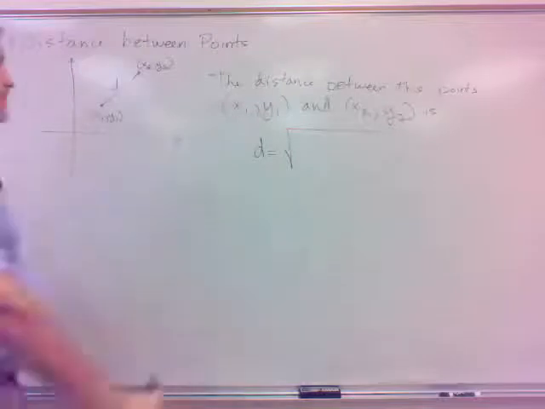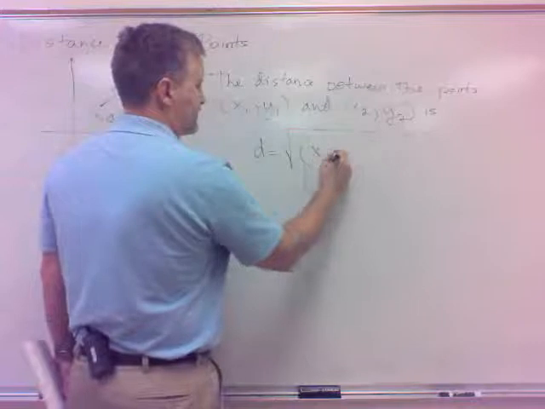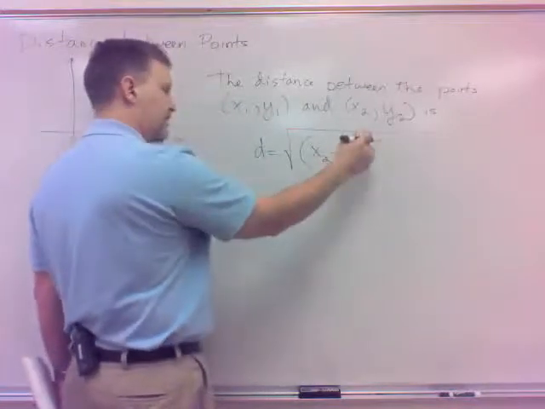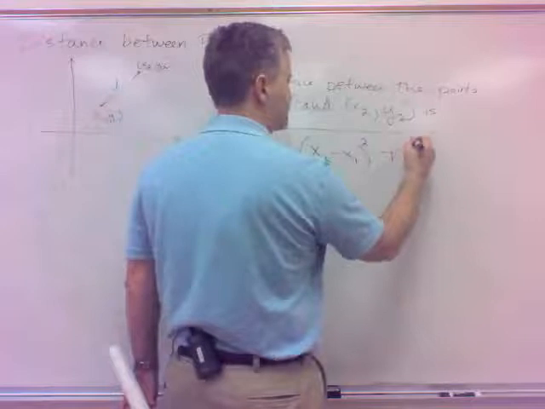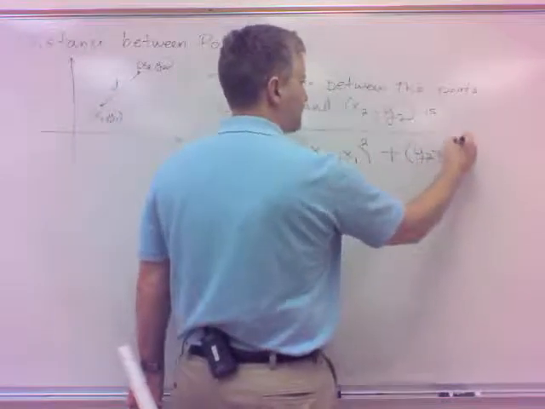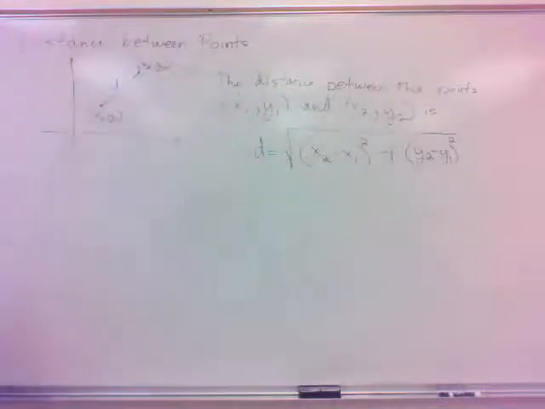It's the square root of x2 minus x1 squared, so the difference of the x's squared, plus y2 minus y1 squared, the difference of the y's squared also. Add those squares together, then square root it. You've got the distance between the 2 points.